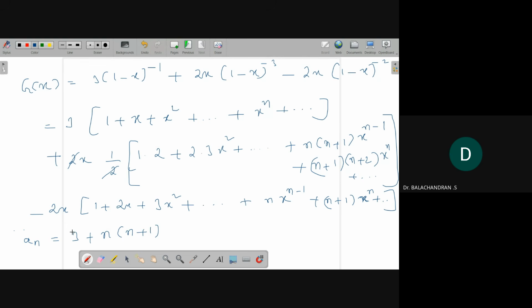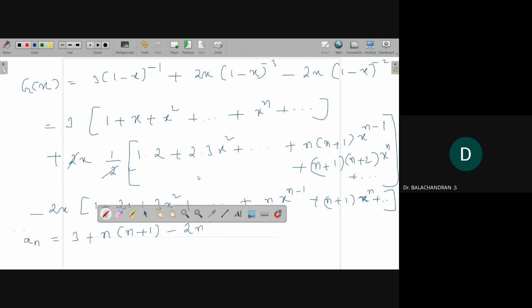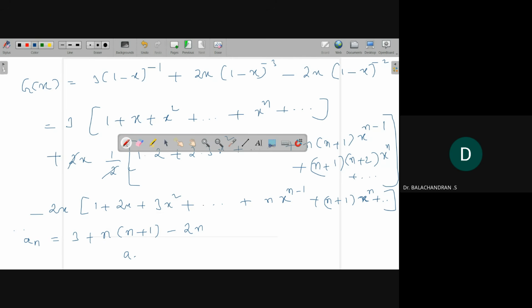And then here x power n minus 1 is minus 2n. So an equal to n square minus 2n plus n is minus n plus 3. So this is the final answer. So an equal to n square minus n plus 3.